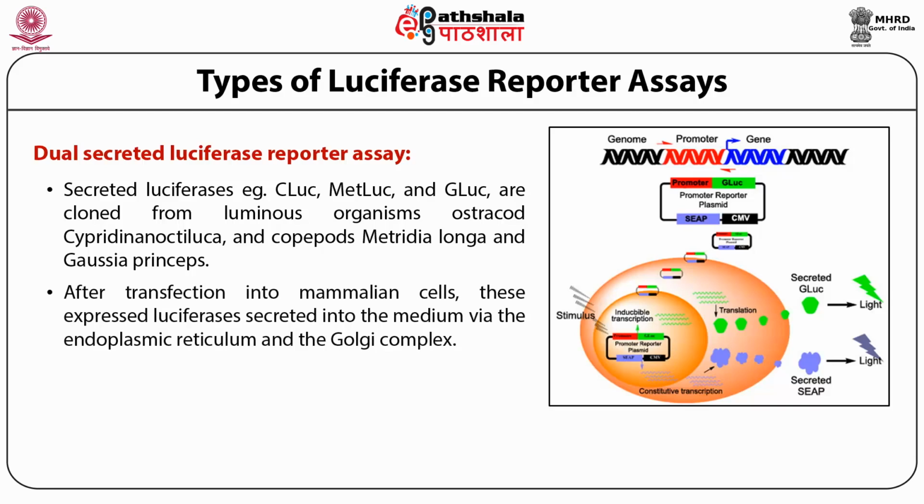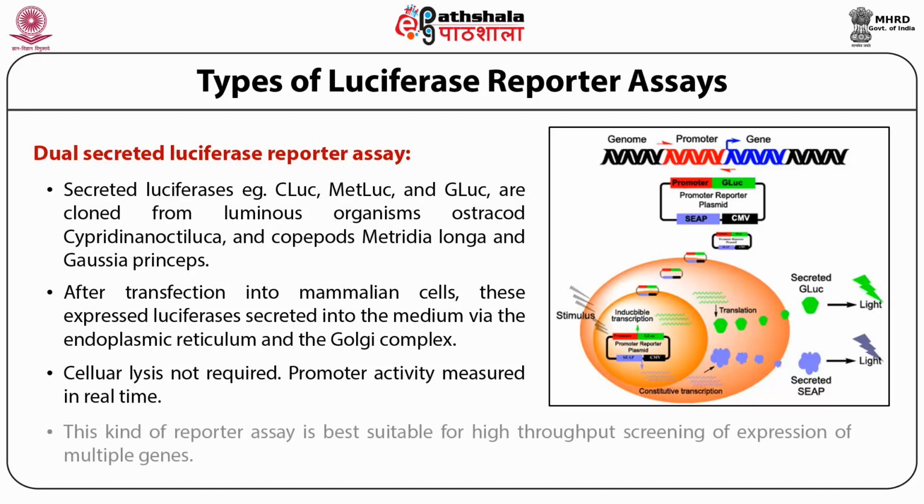After transfection into the mammalian cells, these expressed luciferases are secreted into the medium via the endoplasmic reticulum and the Golgi complex. Cellular lysis is not required. Promoter activity can be measured in a real-time way. This kind of reporter assay is best suited for the high-throughput screening of expression of multiple genes.